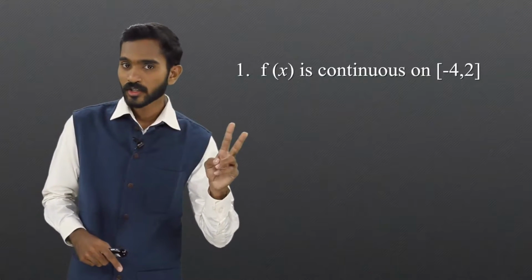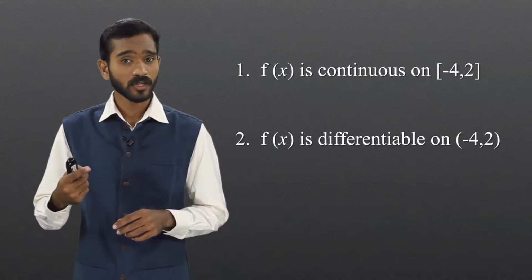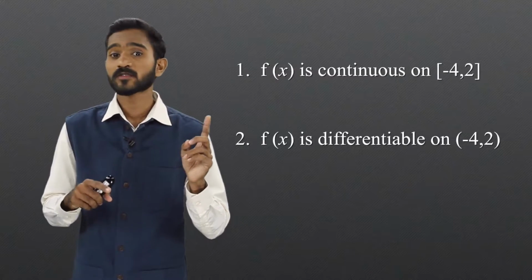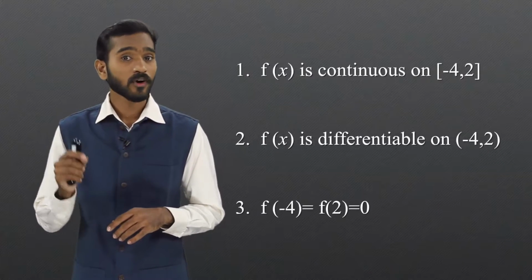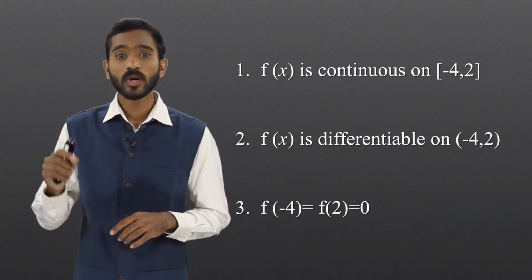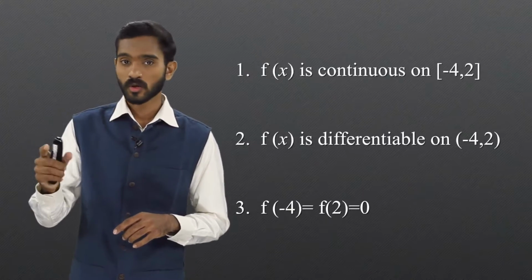The second condition, f of x is differentiable on open interval minus 4, 2. And the last and the third condition, f of minus 4 should be equal to f of 2 is equal to 0. After proving these 3 conditions, we can say that the given function satisfies Rolle's theorem.